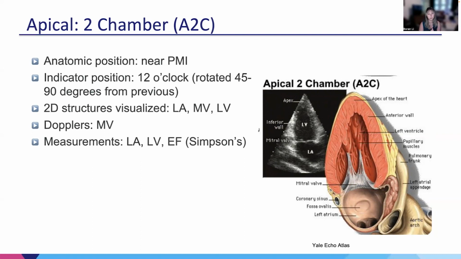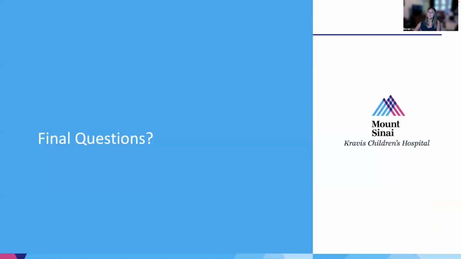And your indicator usually would end up in the 12 o'clock position. From here, you basically only see the left side of the heart, so you see LA, mitral valve, LV, and then you can get Dopplers through your mitral valve as well as the other calculations for your Simpson's for your ejection fraction. And that's it when it comes to views.